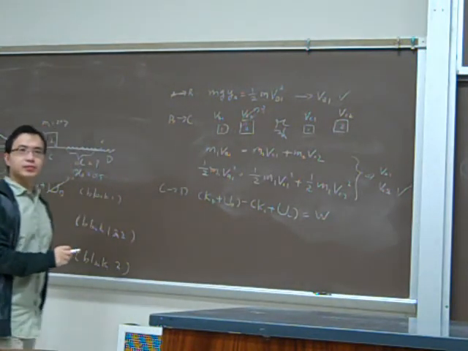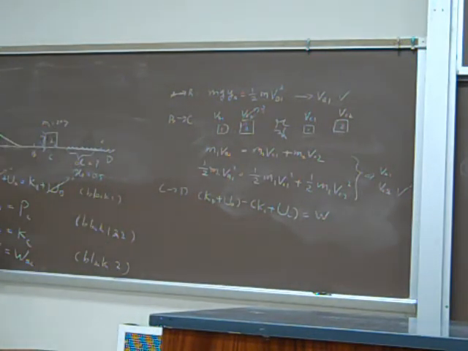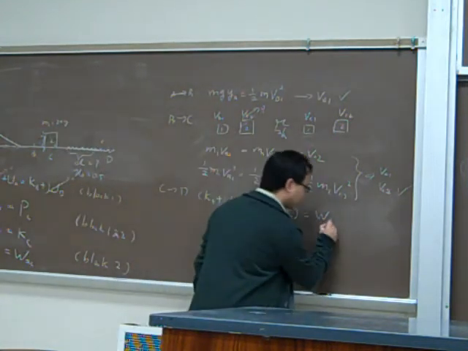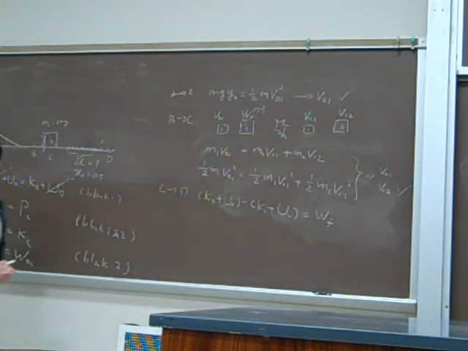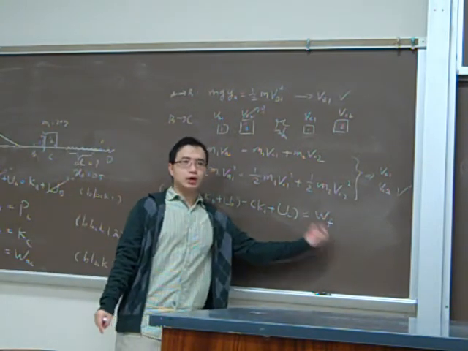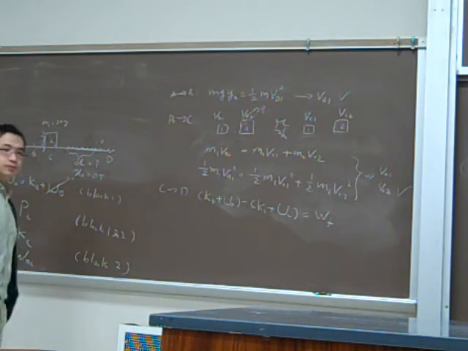In this case, the only work done by the non-conservative force is the work done by the frictional force, right? Okay, so this is WF. Any question here? That's the work done by all the non-conservative forces. In fact, here you have two non-conservative forces. One is the frictional force, another is the normal force. But the normal force doesn't do work. So the only non-conservative work is the work done by the frictional force. Okay?